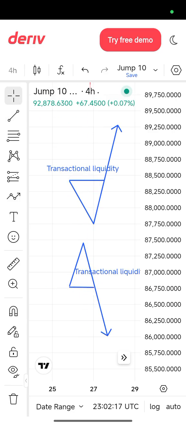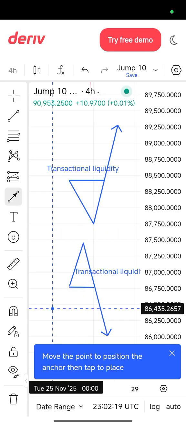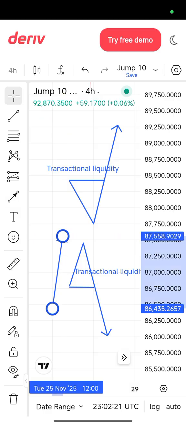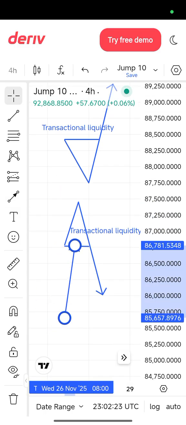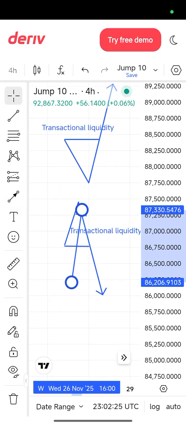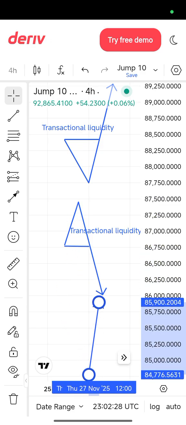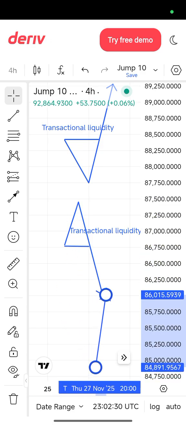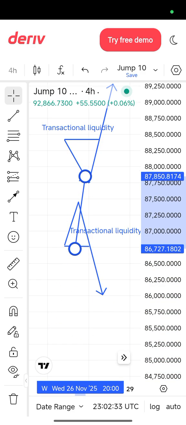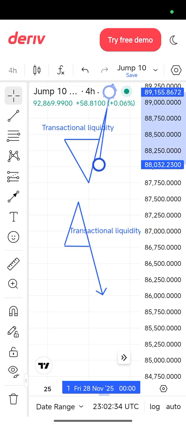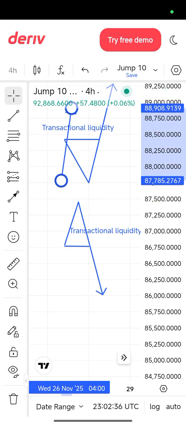This is your transaction, from here to here is your transactional liquidity. From here to here is your transactional liquidity.